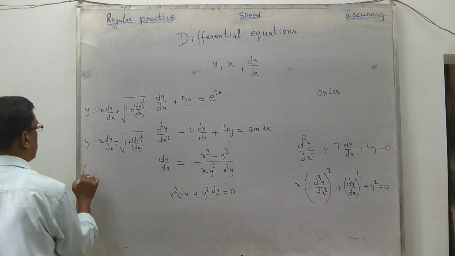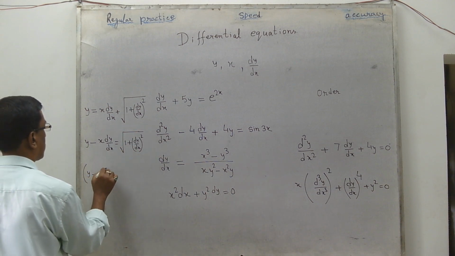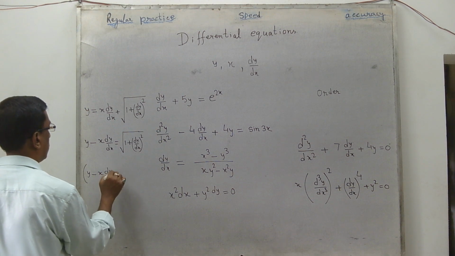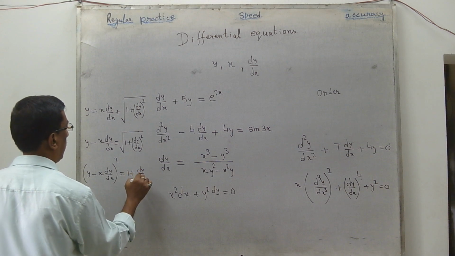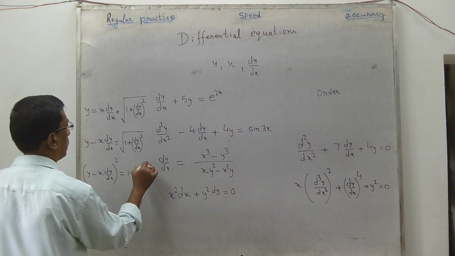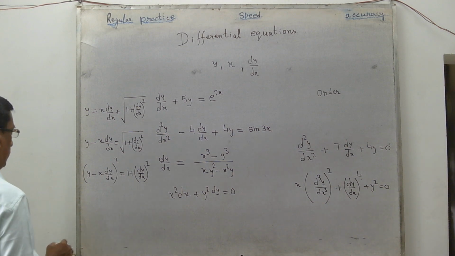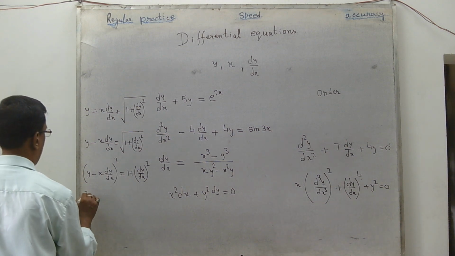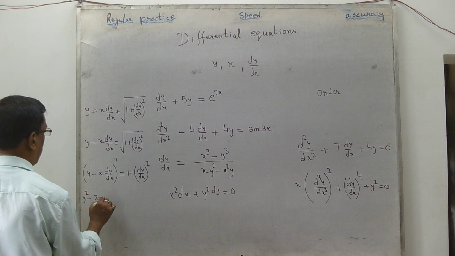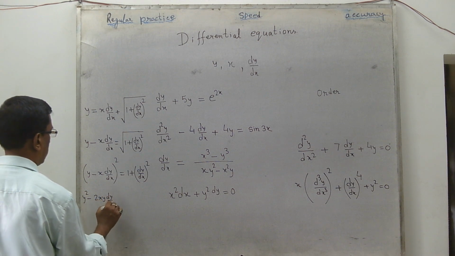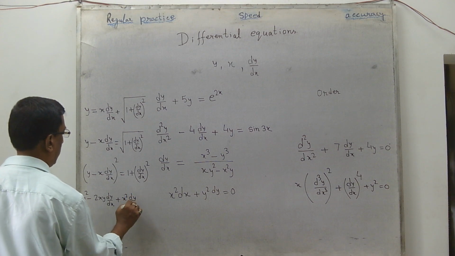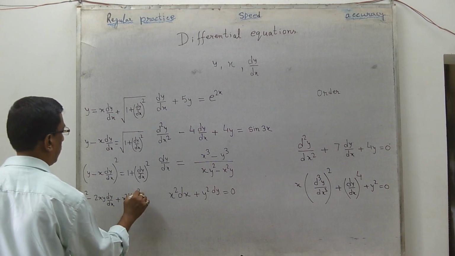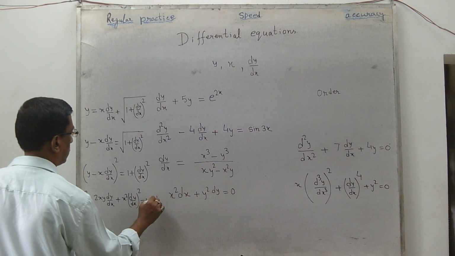squaring both sides. Y minus x dy by dx whole square equals to 1 plus dy by dx whole square. Again, expanding, we have y square minus 2xy dy by dx plus x square dy by dx whole square equal to 1 plus dy by dx whole square.